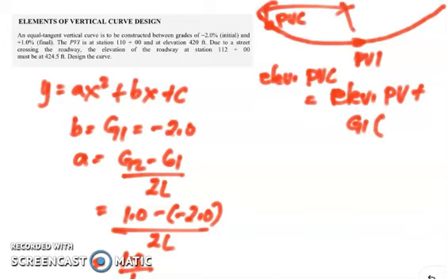You have to take note that the distance from PVC towards PVT is our L, so this is L over 2, or simply 0.5 of L.